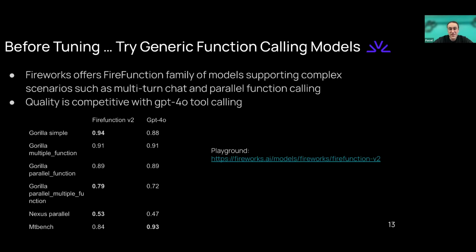But when we are fine-tuning our models, we can remove this constraint and make the descriptions as long as possible. To make it even more concrete, we have seen cases where people have functions with enum values that are very, very long.